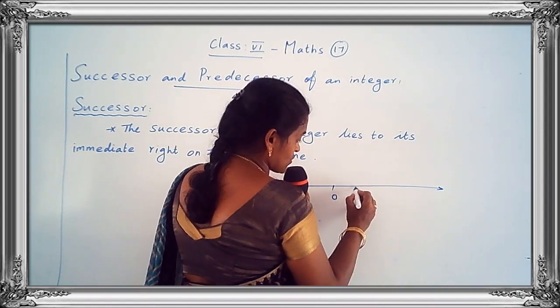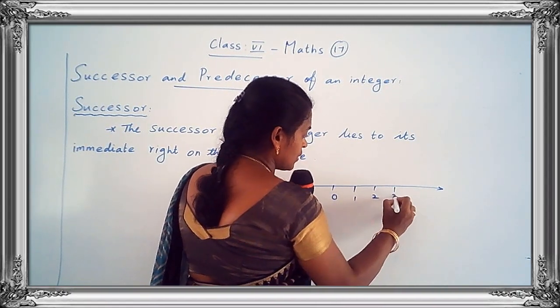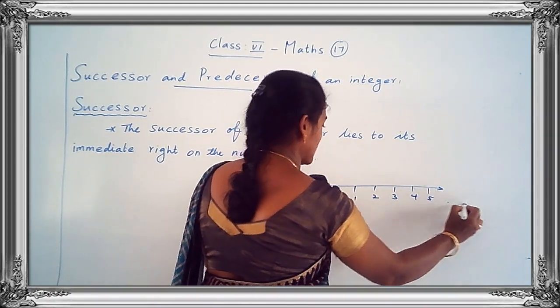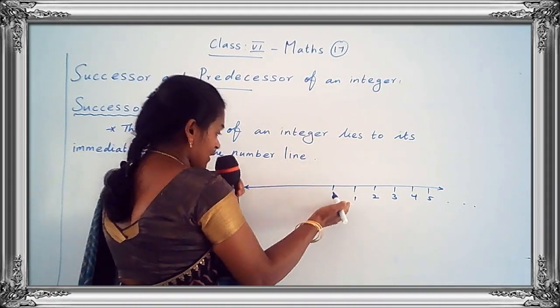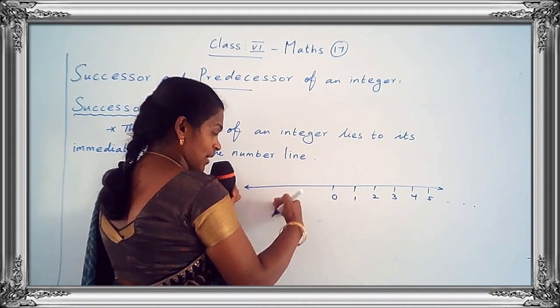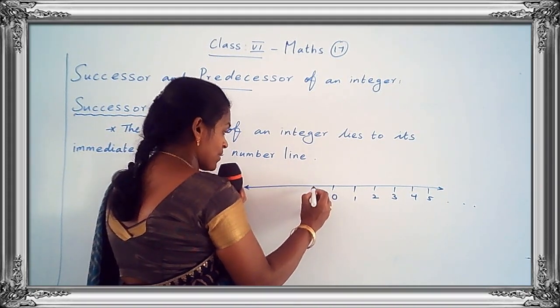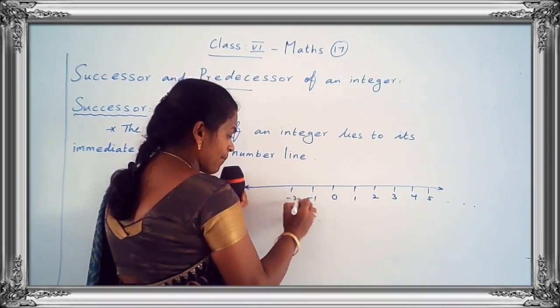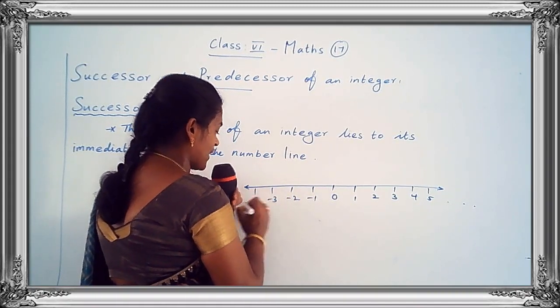So positive numbers are 1, 2, 3, 4, 5, etc. The points marked on the left side of 0 are negative numbers, that means minus 1, minus 2, minus 3, minus 4, etc.